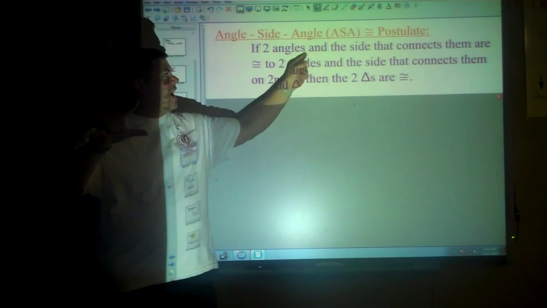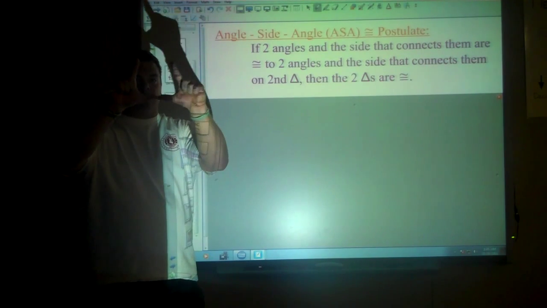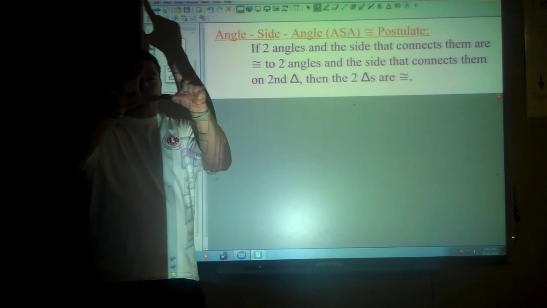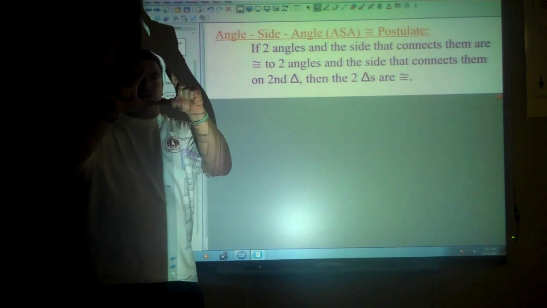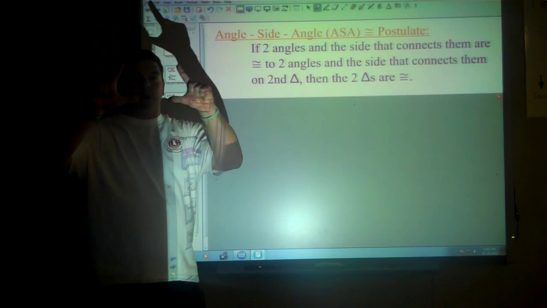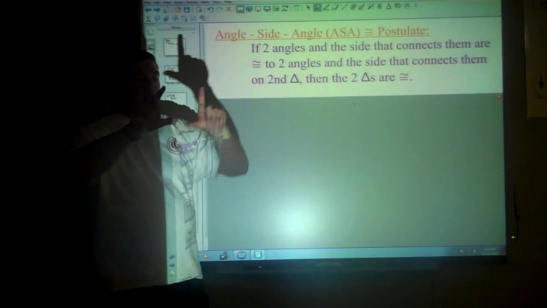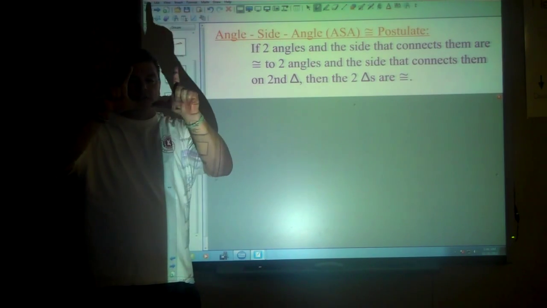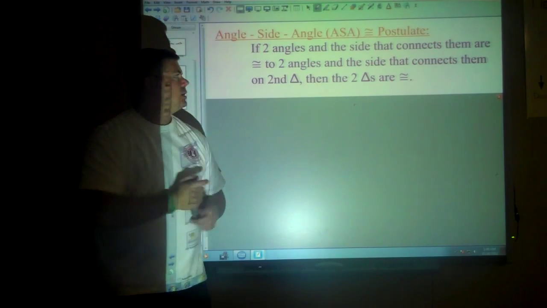But the moment the side between them, right here across my thumbs, gets locked, I have some rigidity, and there have got to be some values that create the rest of this triangle. The only way the triangle would get bigger is if I could break apart my thumbs, and you can't if we're dealing with angle, side, angle. It's locked in. The triangle is rigid. All right?